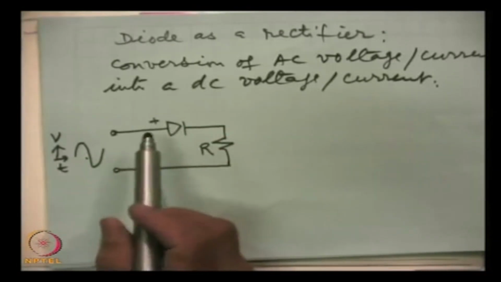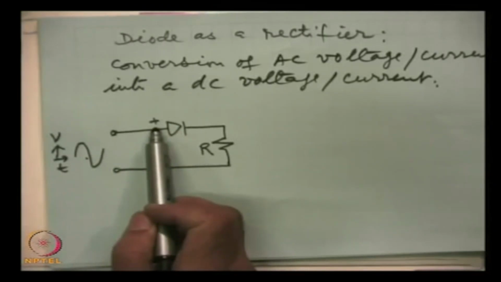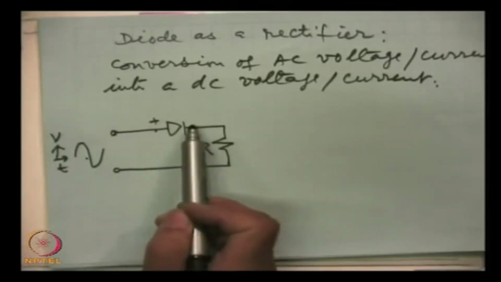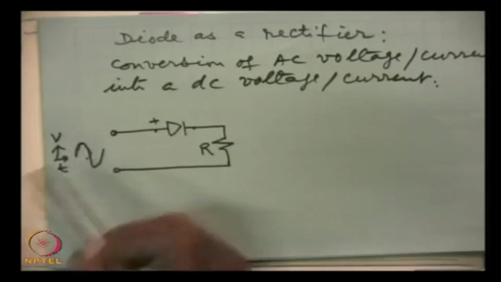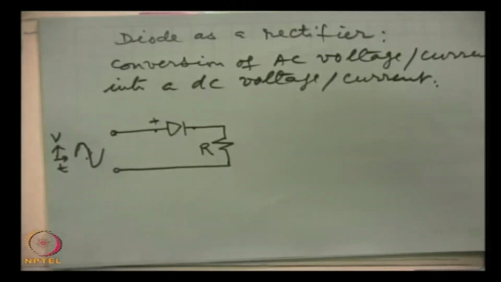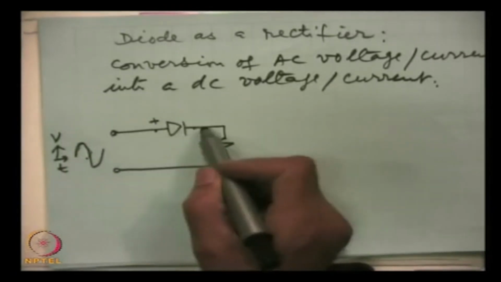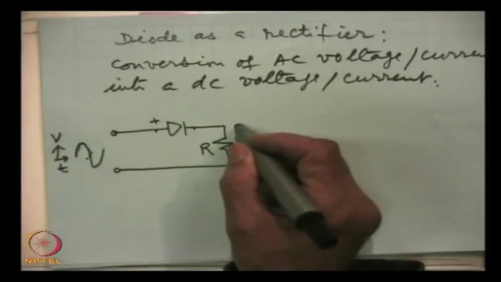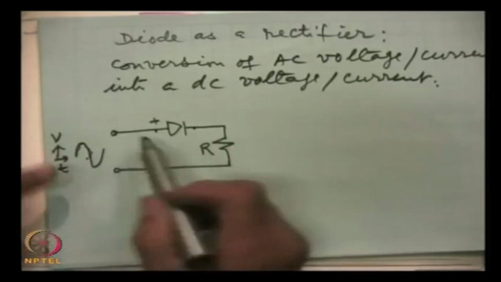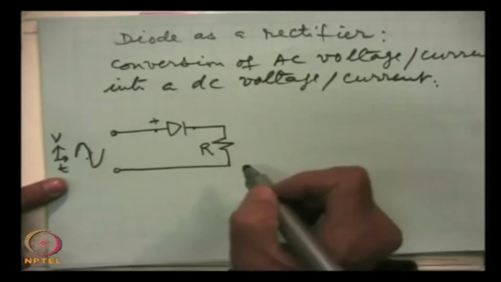By forward bias, I remind that this terminal, the anode, has to be at higher potential than this terminal which is the cathode. So, this will be forward biased by the half cycle. If we consider the diode as ideal, then the current will flow and the output will give a voltage here. So, when it conducts, there will be a current and there will be a voltage drop.